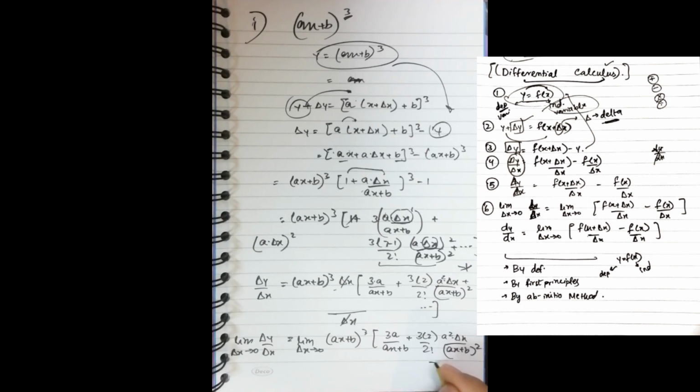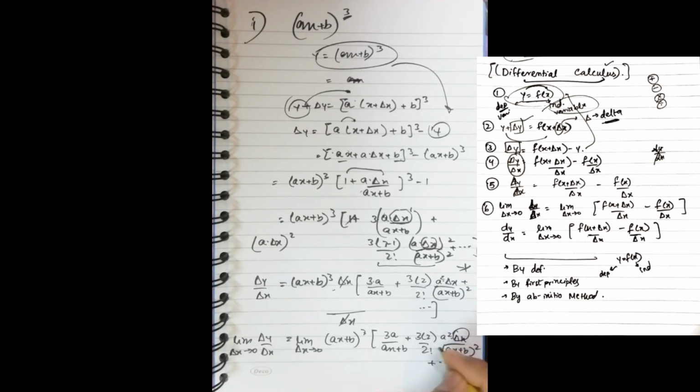Wherever there is a Δx, you can put an actual 0 there. The Δx only exists in this term, so this becomes 0, and this entire thing goes out, because it was being multiplied, and 0 multiplied by any number gives 0.